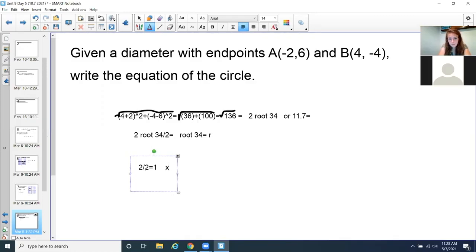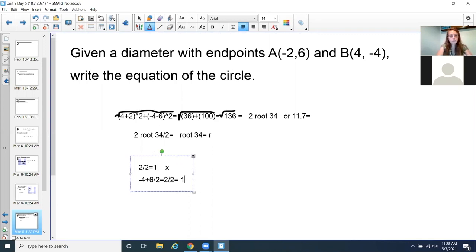And then the other one would be -4 plus 6 divided by 2, which is also 2 divided by 2, giving us another positive 1.